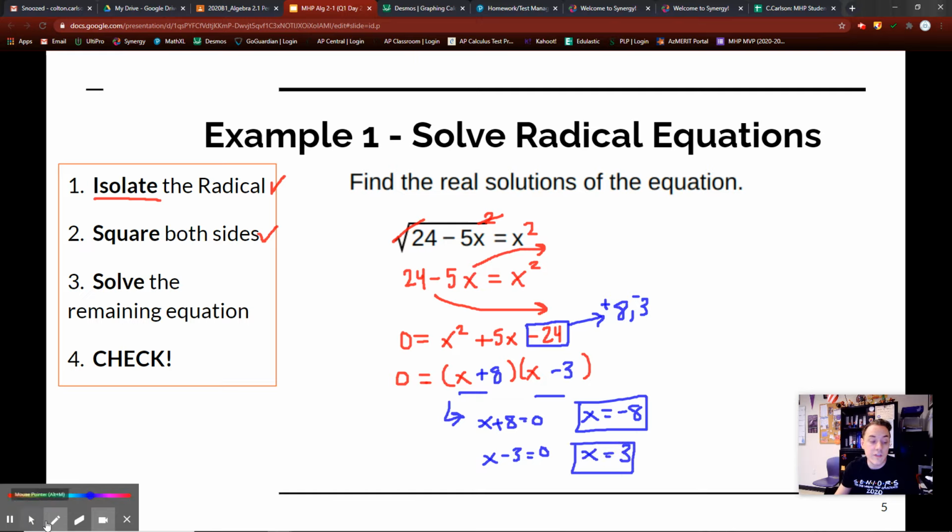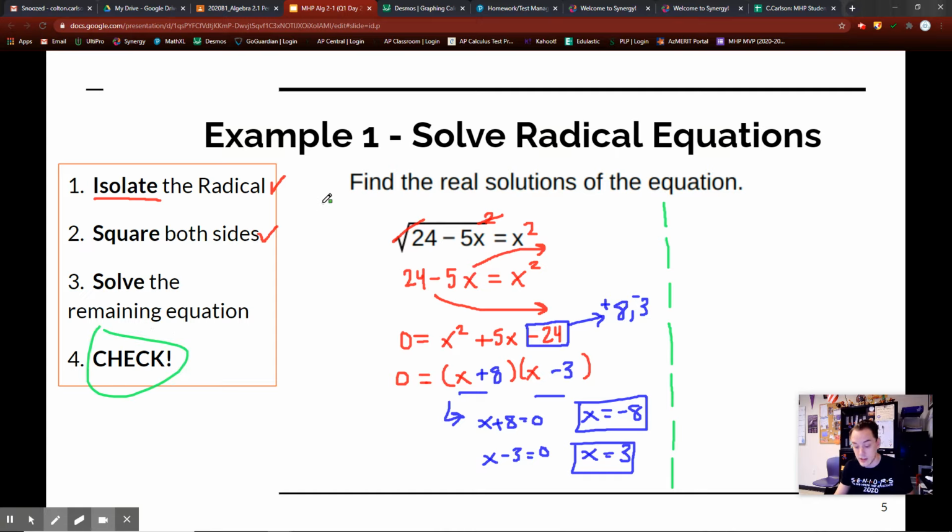This is all fun and great. However, we still have one more thing we need to do, and that is check. We need to check each solution to see if it's actually true. Let's start with negative 8 first. Let's plug negative 8 into my original equation: radical 24 minus 5 times negative 8 equals negative 8.